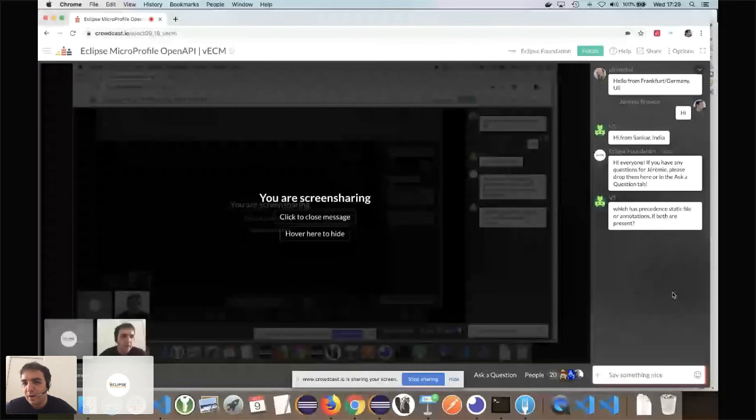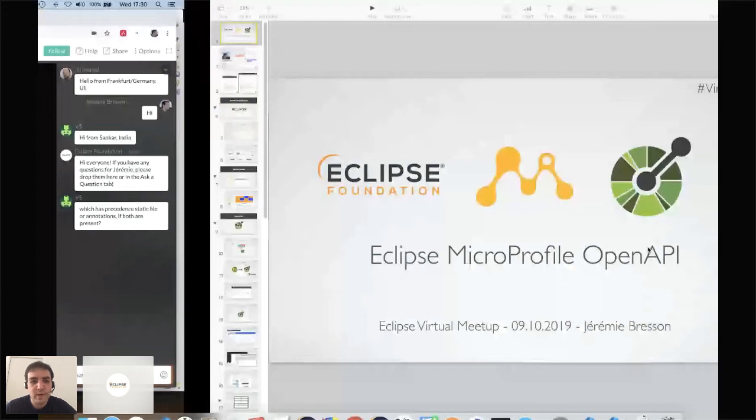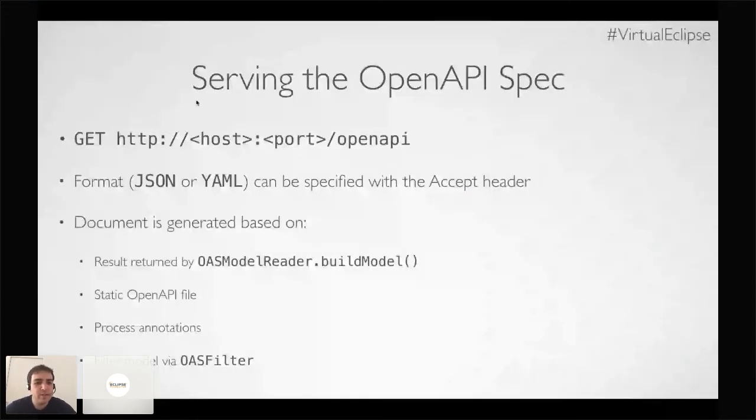Yeah. Okay. This is a great question. You can read that more in detail in the specification, but this small bullet point list that I've put on this slide is basically the order. It's really an ordered list.